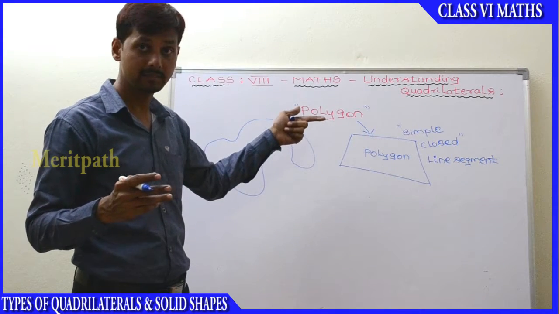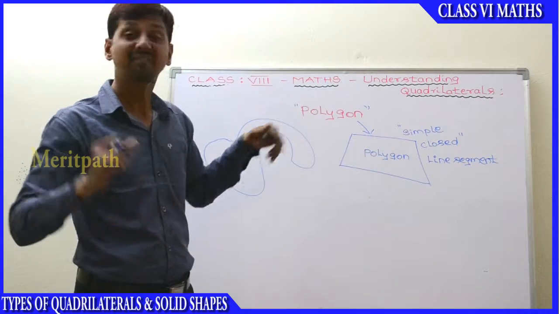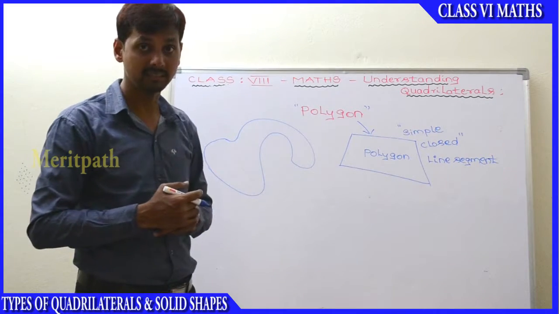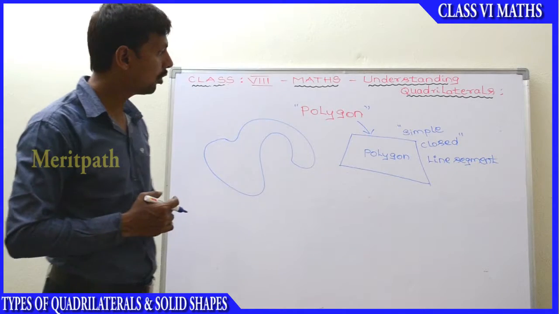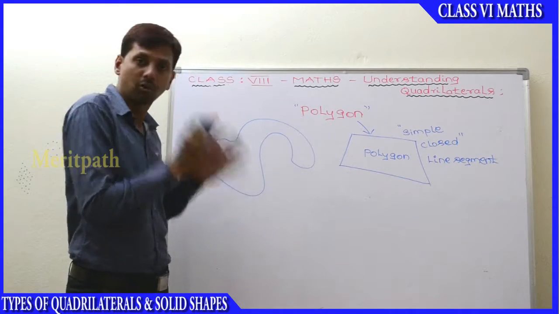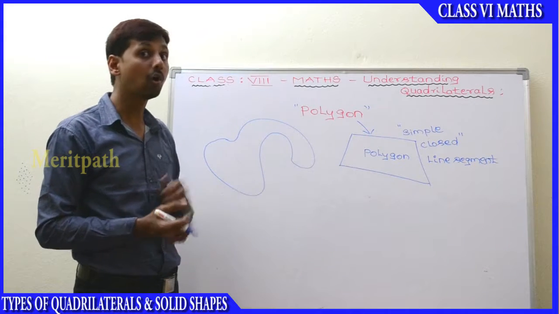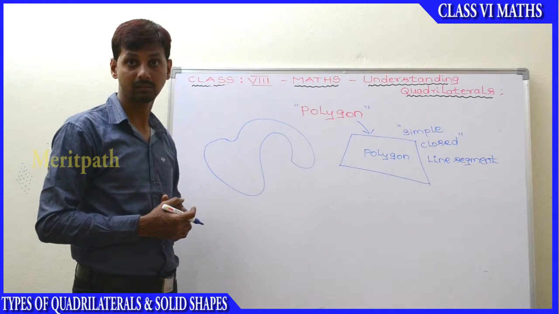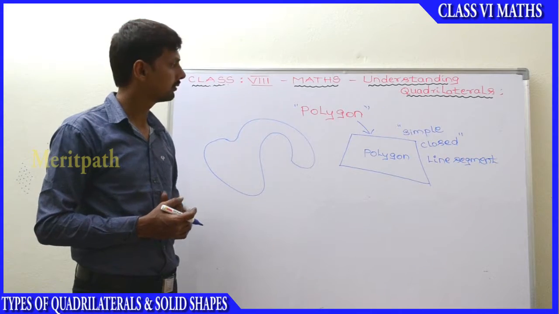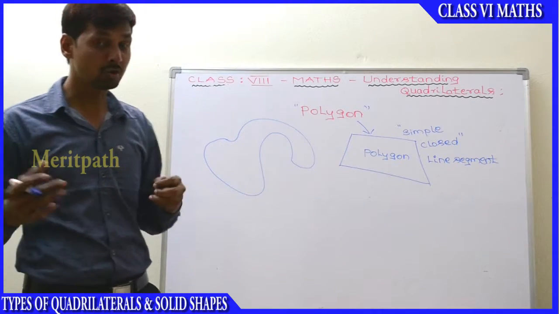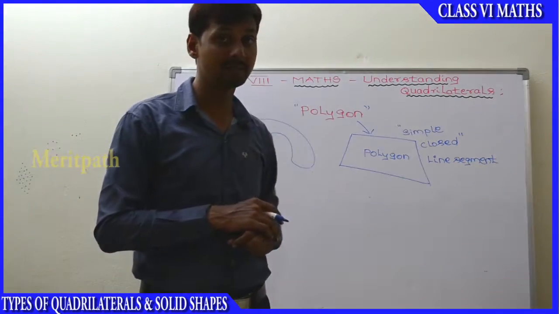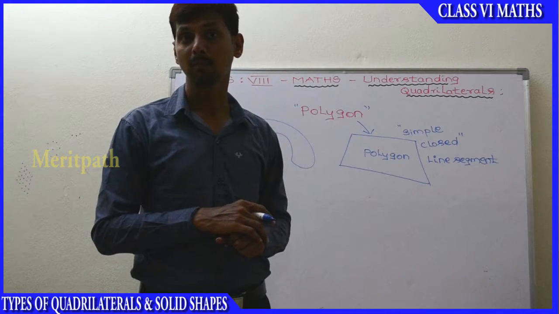And the line segments we have joined, that's the reason it is called a simple closed figure with line segments. So this kind of figure is called a polygon. A simple closed figure bounded with line segments is called a polygon.